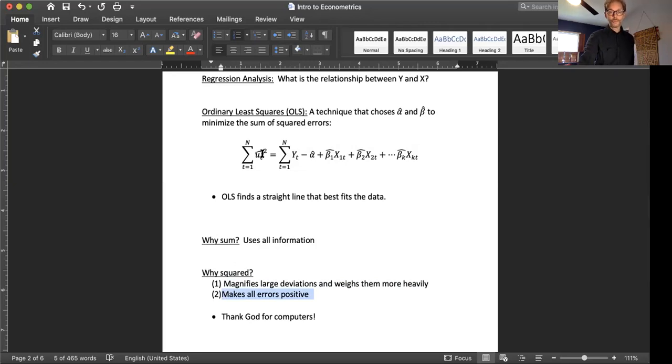How exactly do we do this? How do we minimize the sum of squared errors? Well, first off, this is a calculus problem, right? Minimizing a function is a calculus problem, but in practice, this is why we have computers, right? Computers essentially allow us to do this quickly and relatively painlessly.